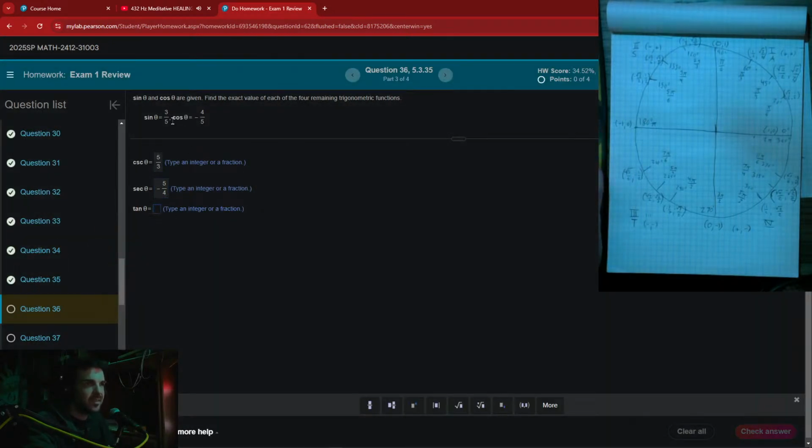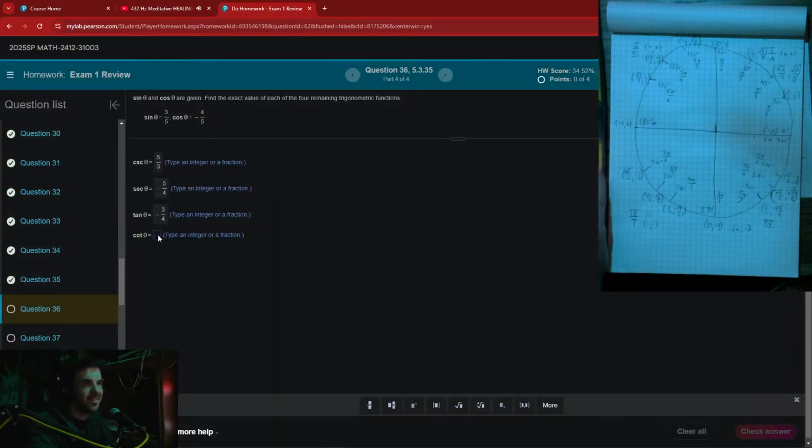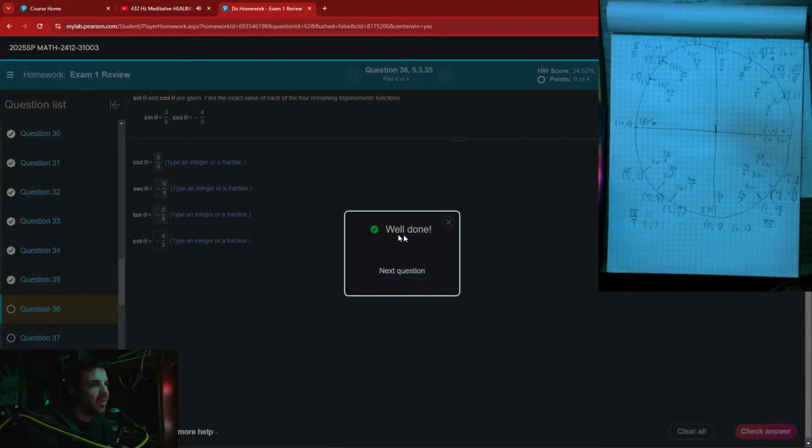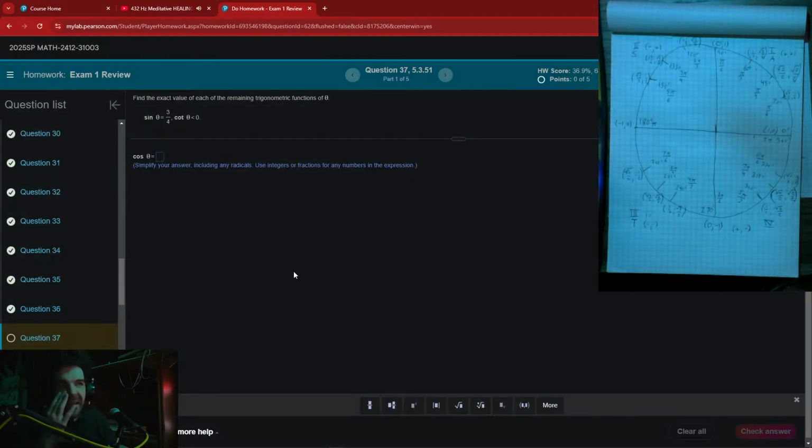Tangent is y over x, that's -3 over 4. Nice. And then cotangent is just the inverse of that. Beautiful. And that probably works perfectly with the Pythagorean theorem. Don't even gotta check. No, it works. Actually, that's one that I remember. That is so nice.